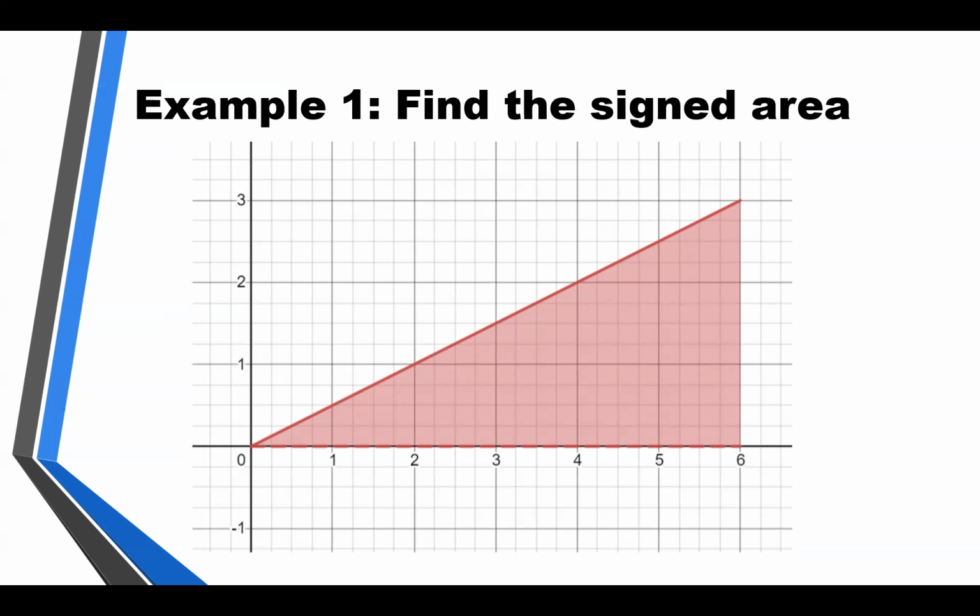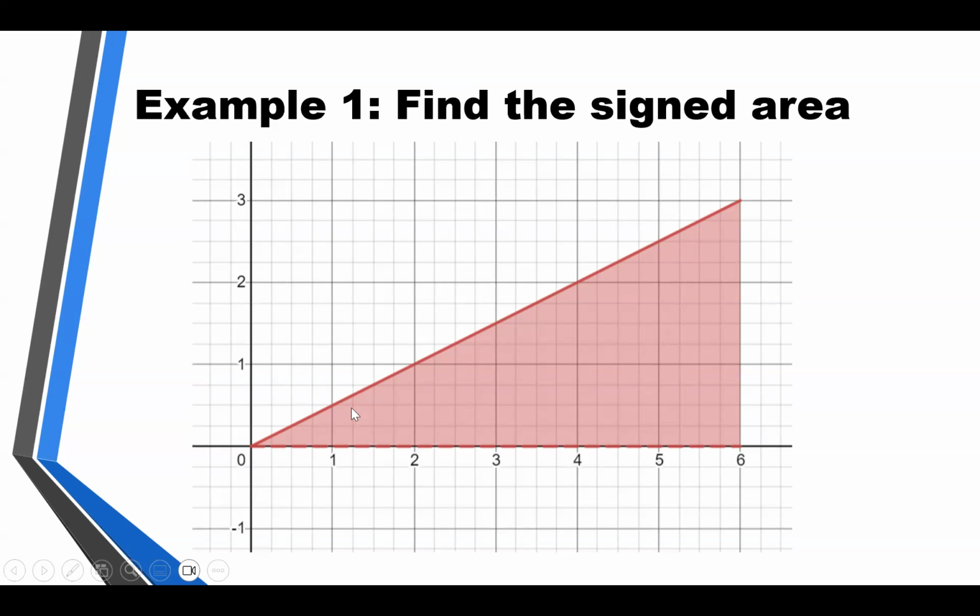Now, in certain instances, it's pretty easy to find the signed area. So imagine that I have a line that goes from the origin to the point 6,3. And I want to find the signed area of that line.